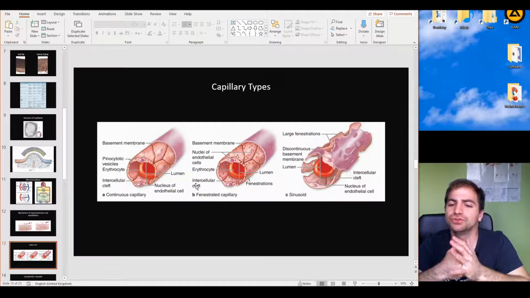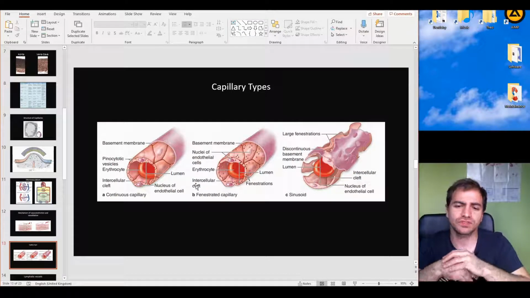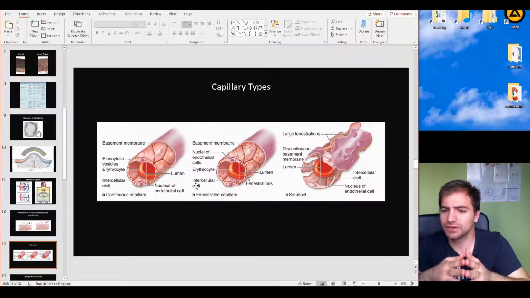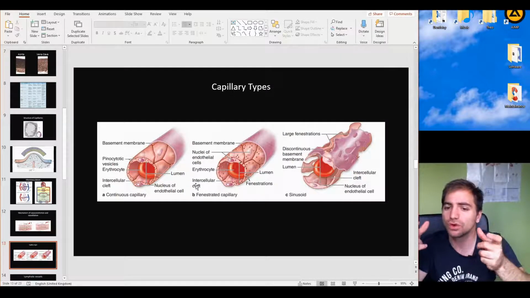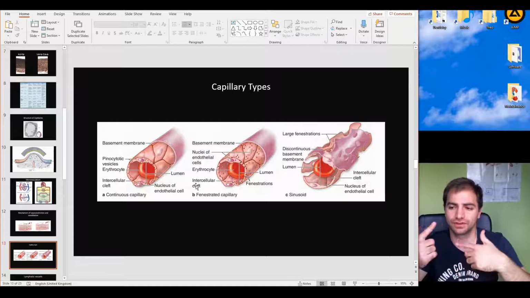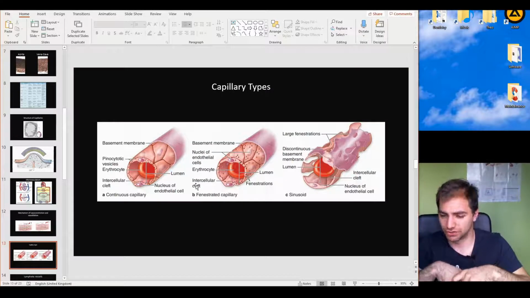Now, there are two other types: the fenestrated capillary and the sinusoid. The fenestrated capillary means that the endothelium contains fenestrations, small little holes that allow for the increased exchange of nutrients and molecules from the lumen to the interstitial tissue.